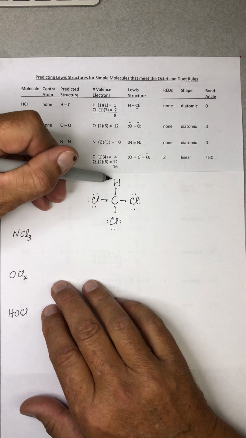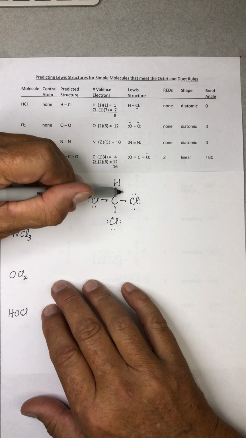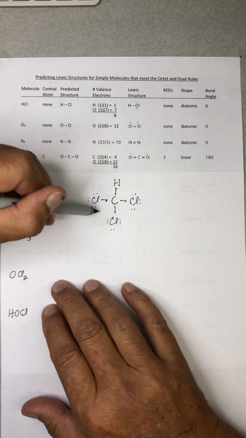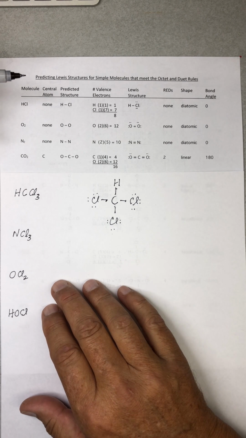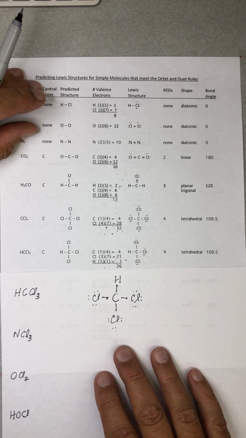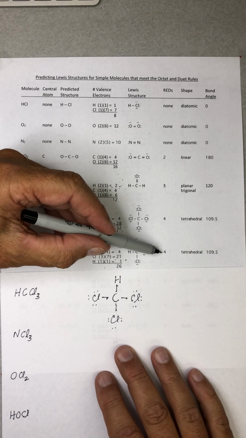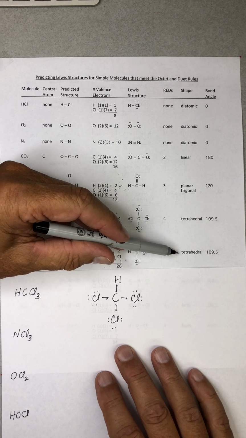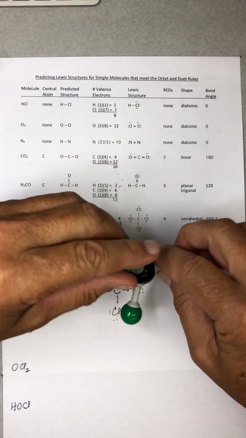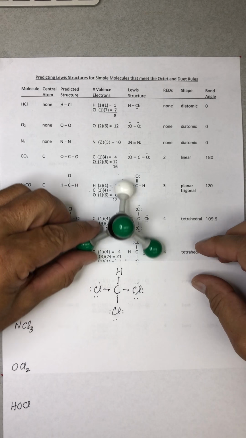So I see that the duet rule is satisfied here, the octet rule for the central atom, octet rule, octet rule, octet rule, every atom in there is happy. So, just like the previous example, we have 4 regions of electron density, so it should be tetrahedral with 109.5 degrees bond angles. So here would be an example of this molecule.